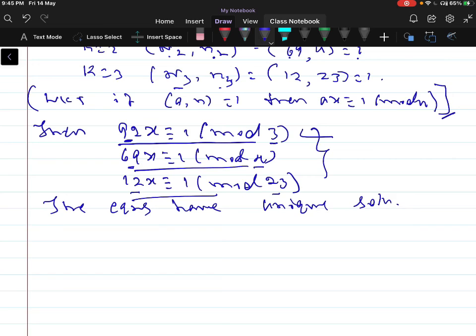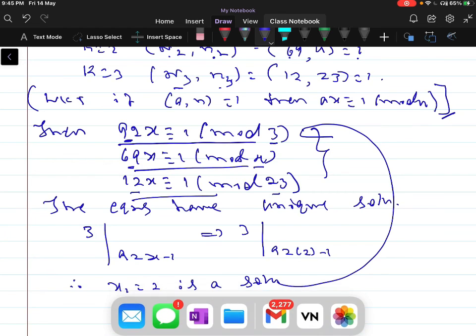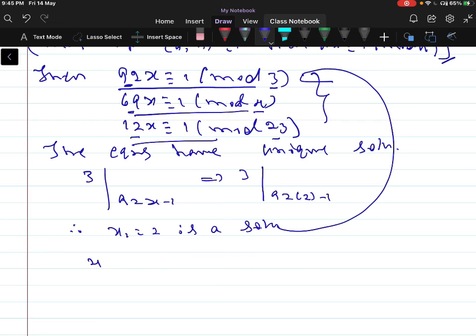From the first equation you can observe that 3 divides 92x minus 1, so 3 divides 92 into 2 minus 1. Therefore x1 is equal to 2 is a solution of the first equation. Similarly 4 divides 69x minus 1. You have to choose an x value such that 4 divides 69 into 1 minus 1, so 4 divides 69 minus 1.